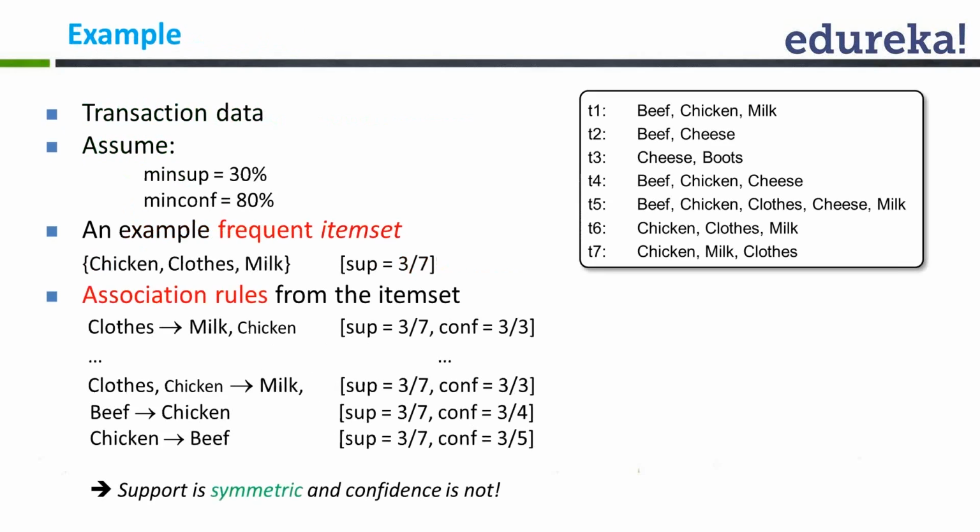One is to find all the item sets that have minimum support. Item set means a subset of items. So in this particular case, beef is an item set containing one item. Chicken is an item set containing one item. Beef and chicken is an item set containing two items. And similarly, beef, chicken, milk is an item set containing three items, and so on.